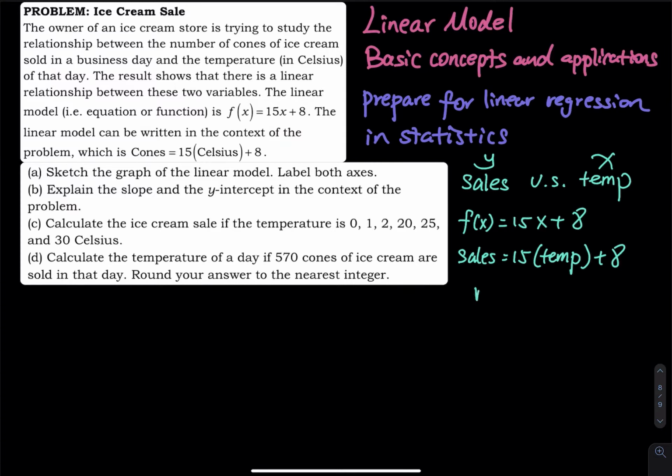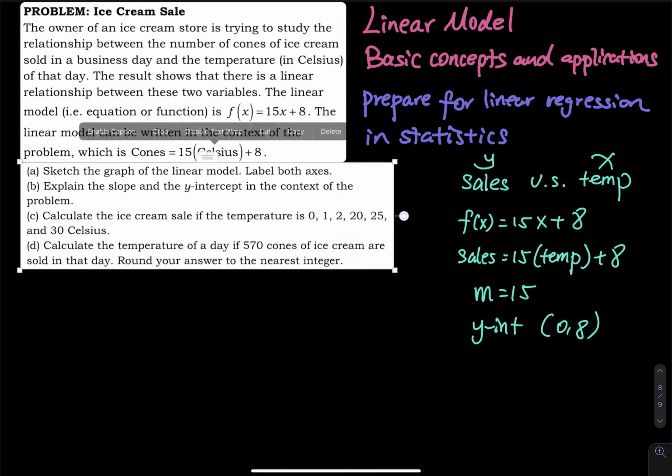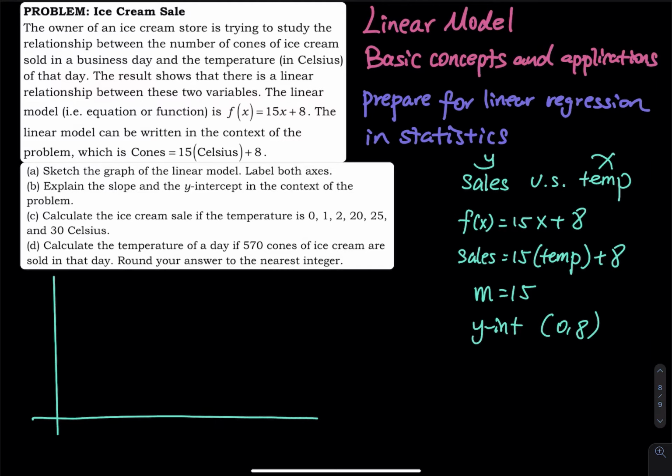So we have the slope equals 15, and the y-intercept is (0, 8). All right, so let's sketch the graph. This is my vertical axis, and this is my horizontal axis. We are not going to use the names x and y. So the horizontal axis, I am going to say this is my temperature.